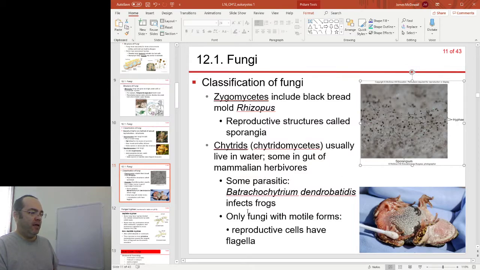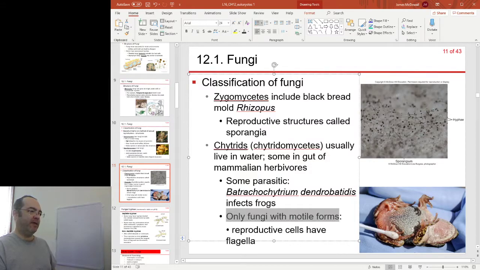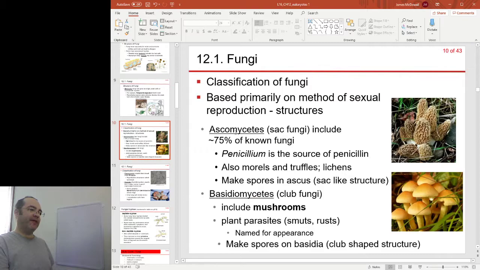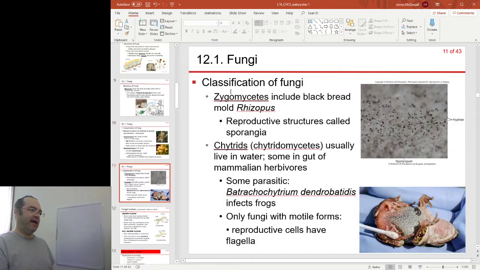So the thing that separates the chytrids is their place of living, typically in the water, even though there are parasites amongst the other groups too, there are some parasites in the chytrids, and their reproductive cells have flagella, likely because of their aquatic habitat. The reproductive structures of the ascomycetes, the basidiomycetes, and the zygomycetes are things like spores.